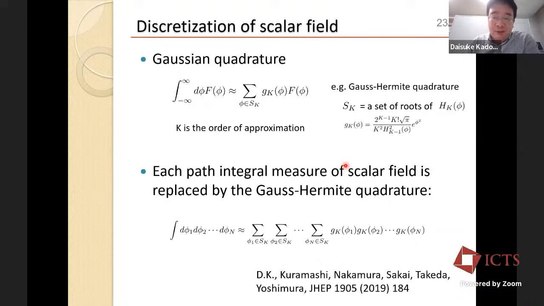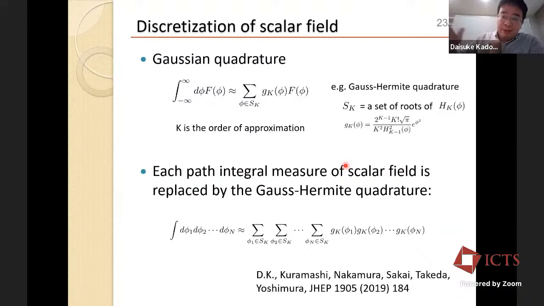So to use the TRG method for the Schwinger-Keldysh formalism, we perform analytical continuation for phi, so that the exponential i lambda phi^4 can be written as exponential minus lambda phi^4.